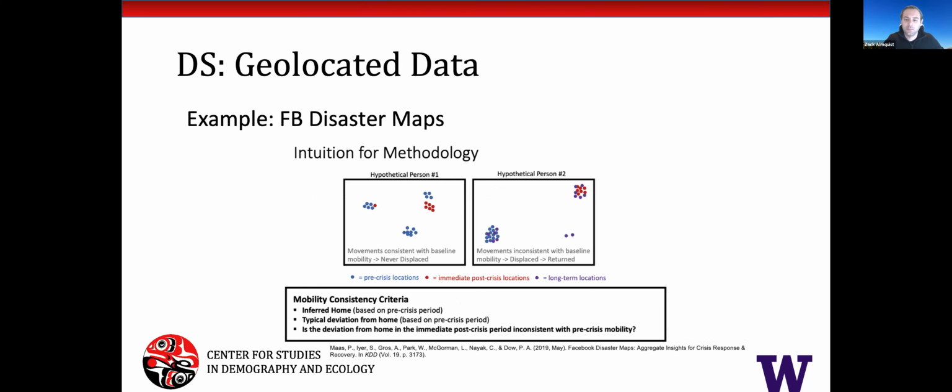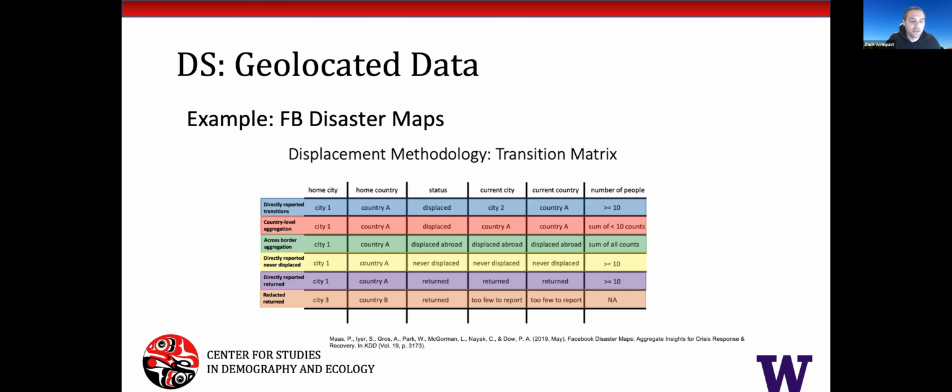We're not going to be able to get people who are only displaced for 1 or 2 days. You have to be displaced for at least 3 days to meet this criterion. But it's going to have really low false positives. These people really did move, and they really did move to places, and we can get a sense of that volume. And so it's been used to estimate where in the country people have gone and if people have left the country, to help NGOs and others distribute resources.